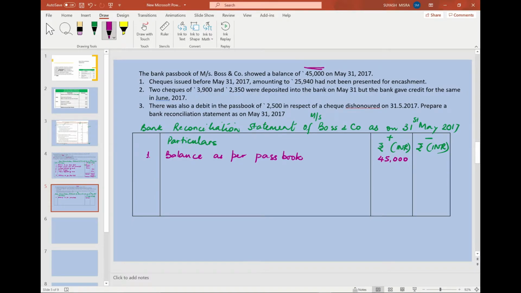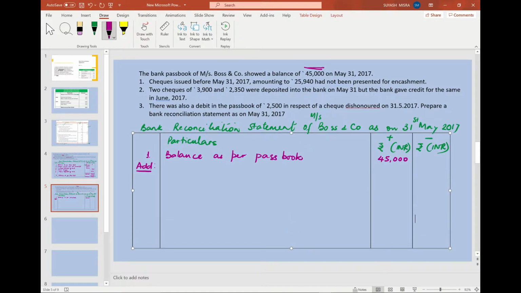Now, I am going to add. So we will write here add. Let's see what all gets added. Checks issued before May 31st amounting to 25,940 had not been presented for encashment. The check had been issued by the company, so the cash book was less.